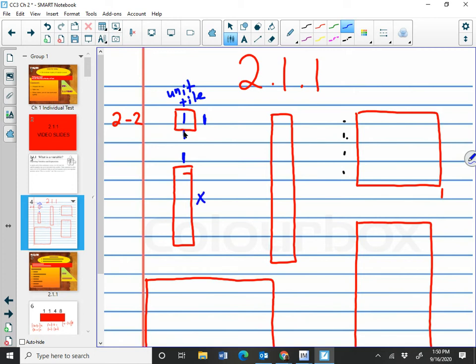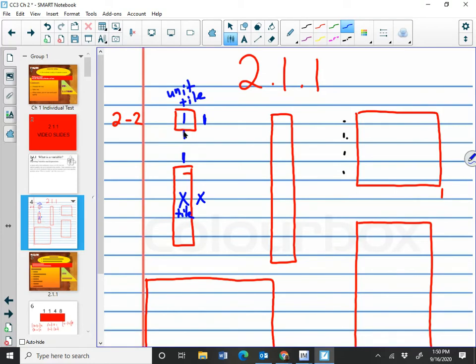And that distance is x. So that is a tile that has a 1 on the ends and an x on the side. So to get the area, we do length times width, and we would get 1 times x, which is x. So this is the x tile. X tile. All right, because the sides are x.